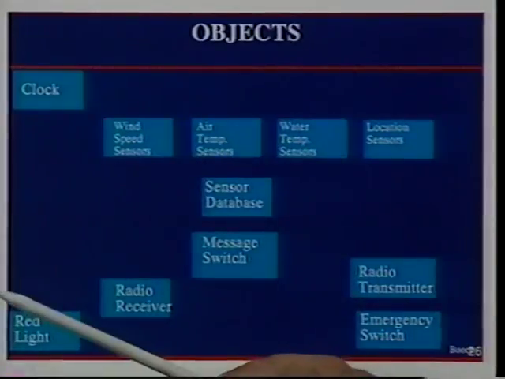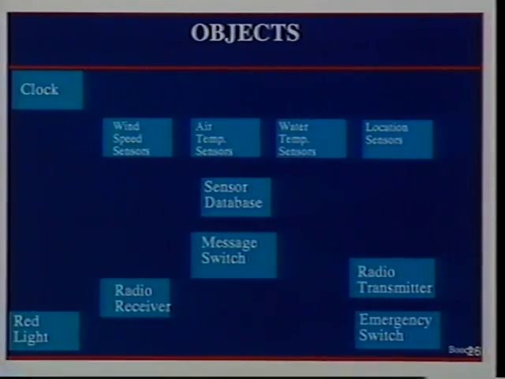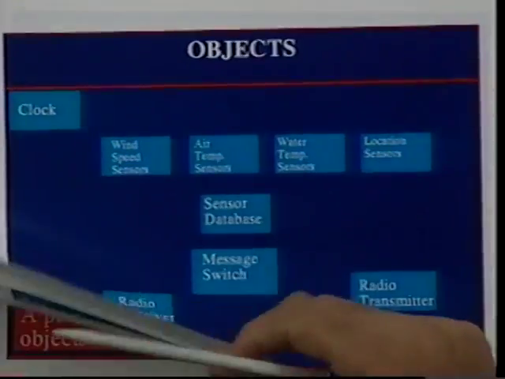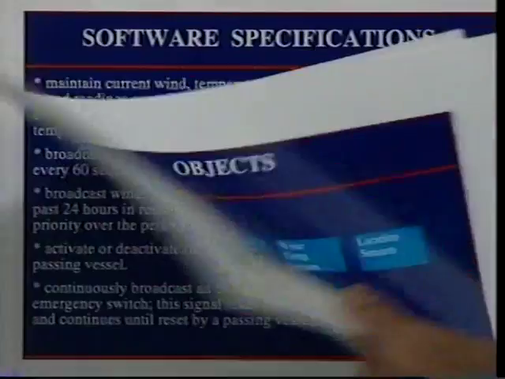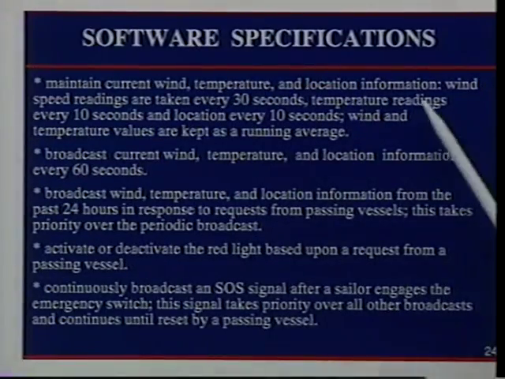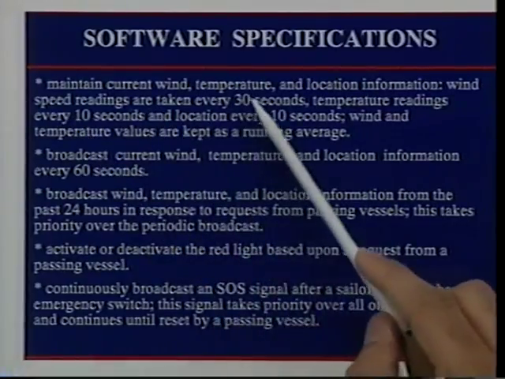The other way of doing it is, if there is no reusable object, I will look at each one of these objects and say, what are my inputs, what are my outputs. What are my inputs to the wind speed sensors? The wind speed sensor gets a message from the clock, as you have seen here, because the wind speed readings are taken every 30 seconds.